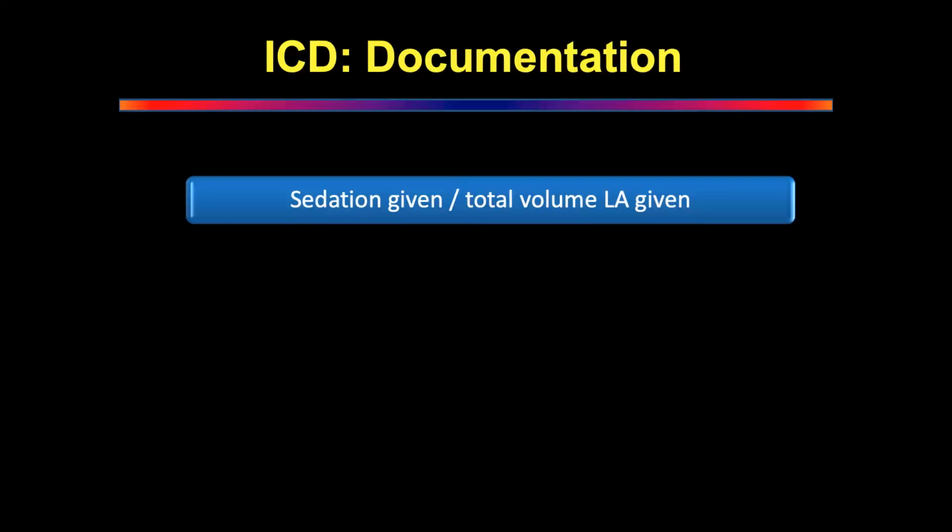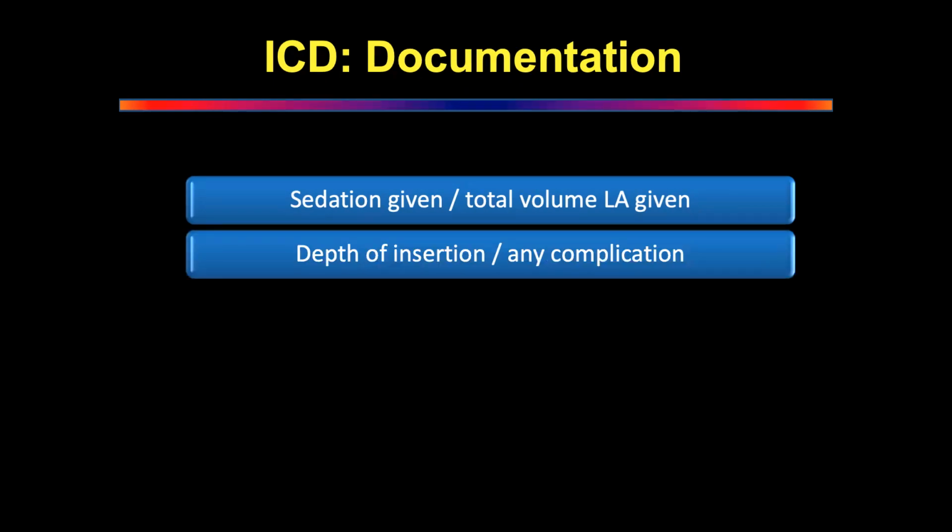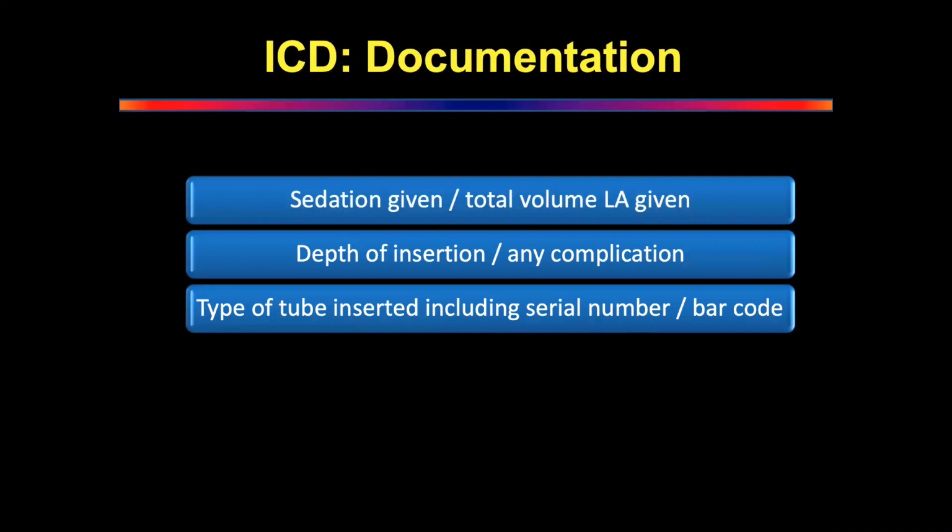Then, yes, sir. On which side the drain was put? What size of the drain was put? What were the findings during the procedure? What came out? Was it air? Was it blood? Or was it fluid? How did the patient tolerate the procedure? And have you clamped the ICD after the procedure or not?